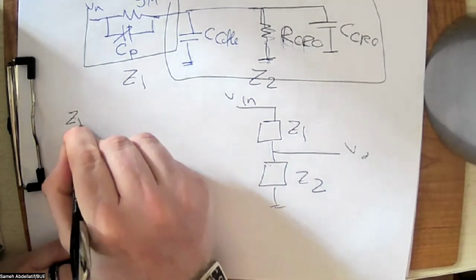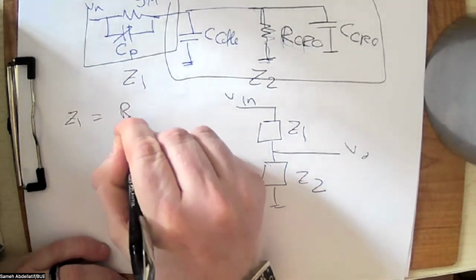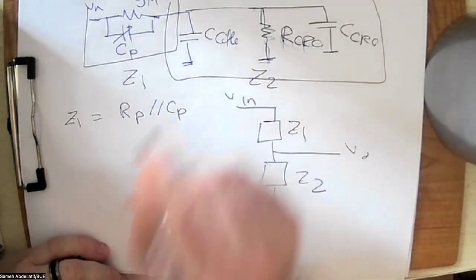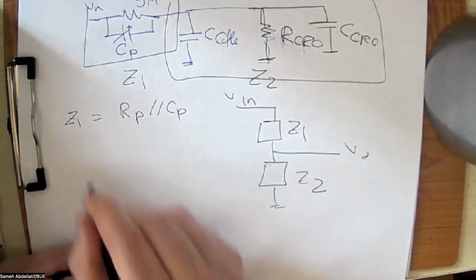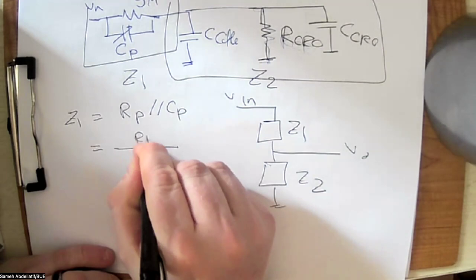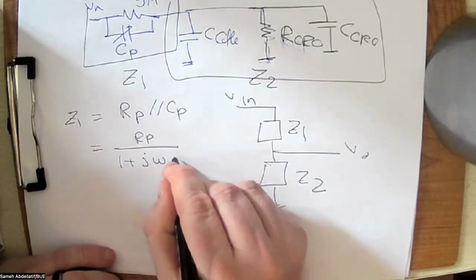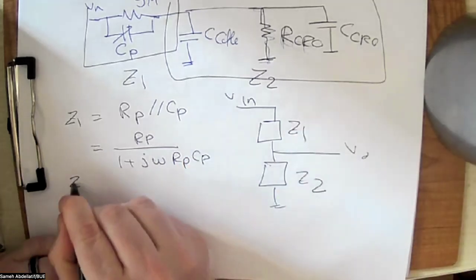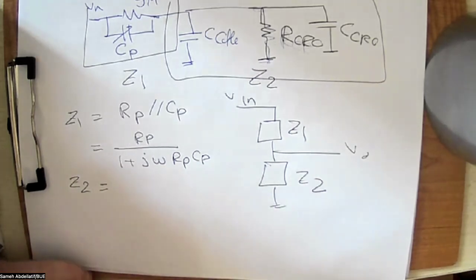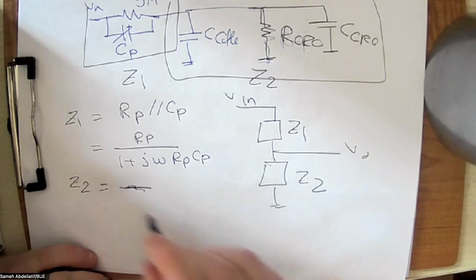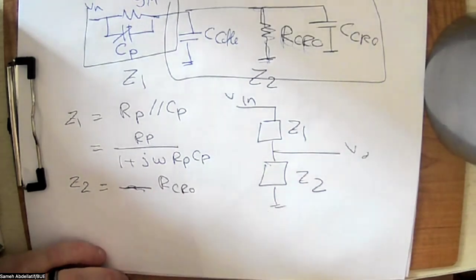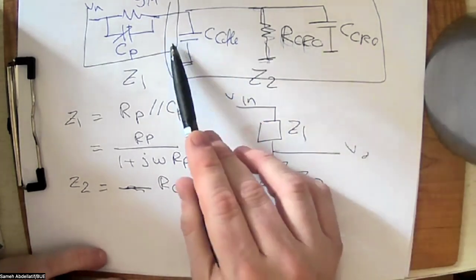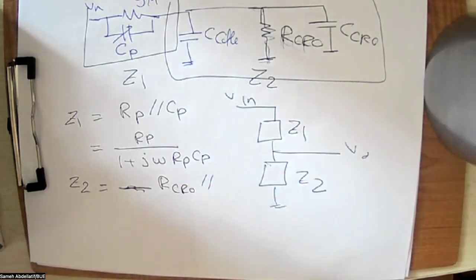Z1 is the parallel combination of R probe, which is 9 mega, with C probe. We just made an example before, so its equivalent will be R probe over 1 plus j omega R probe C probe. And Z2 equals R CRO in parallel with, if you remember, my dear students, from your circuit class, that whenever we have two capacitors in parallel, their equivalent is the summation.